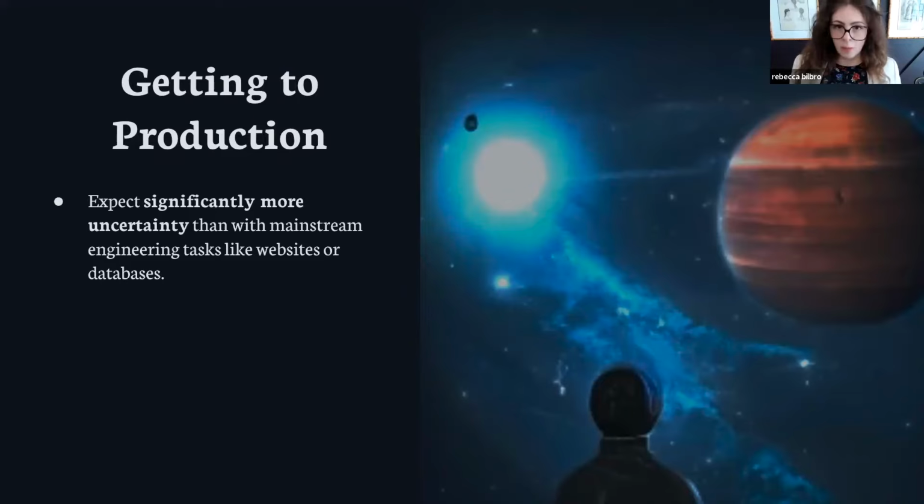There is a lot more uncertainty when it comes to machine learning. And you may have people on your team who use that uncertainty as leverage to say, well, we can't really scope this out because who knows what we'll find.